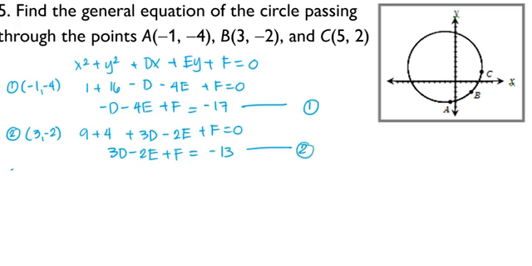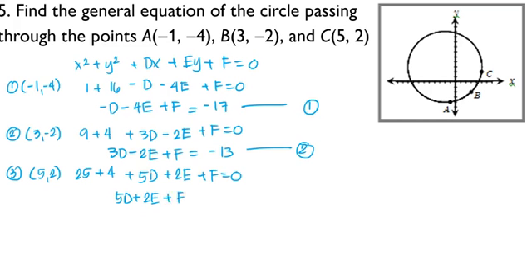And then lastly, using the third point, which is (5, 2). So this becomes 25 plus 4 plus 5d plus 2e plus f equals 0, or 5d plus 2e plus f is negative 29. So that's the third equation.